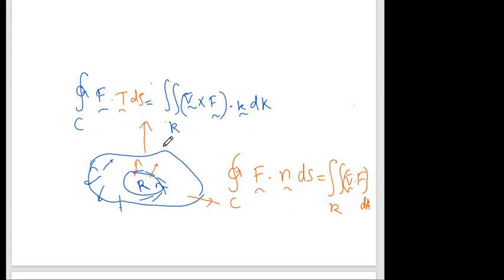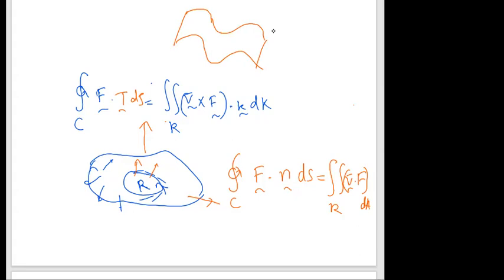Now, what if you have a three-dimensional geometry, right? A surface, like this. Yeah, this is a sheet in three-dimensional space.